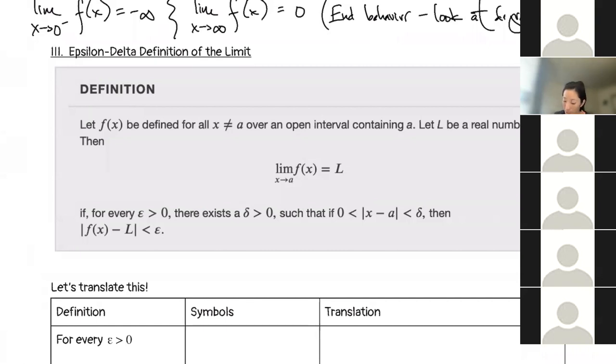Let f of x be defined for all x not equal to a over an open interval containing a. Let L be a real number. Then the limit as x approaches a of f of x equals L. We've seen that statement a lot, right? The limit as x approaches a of some function is L, and L is what kind of value?